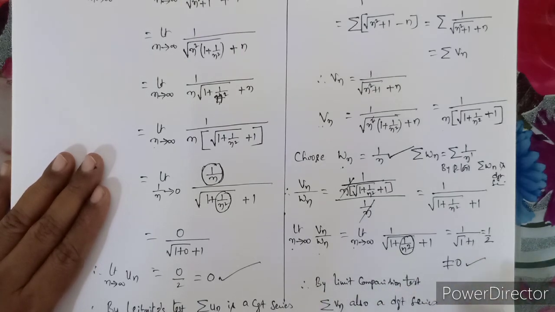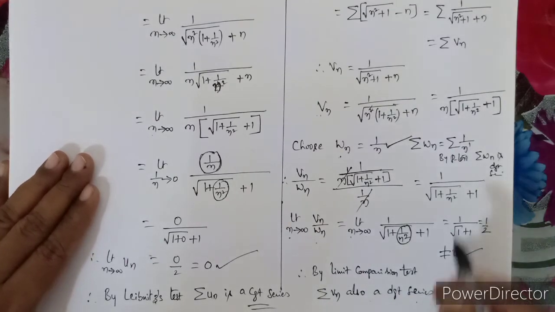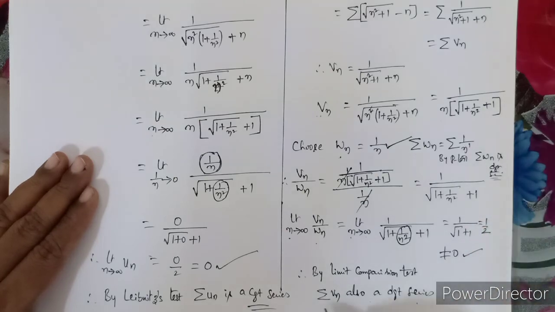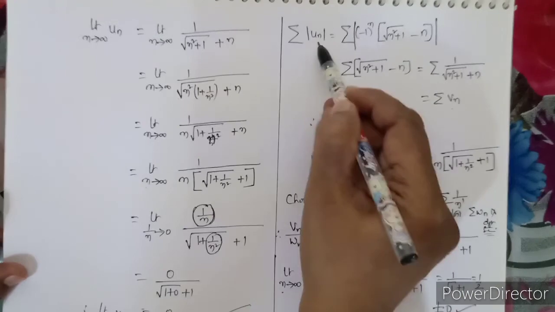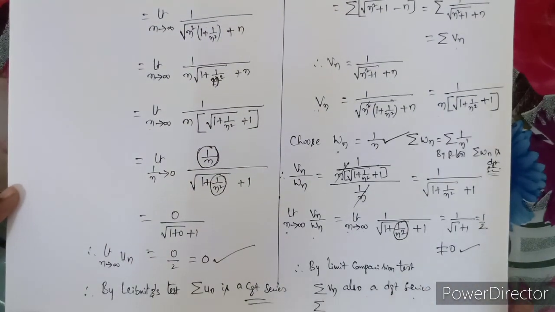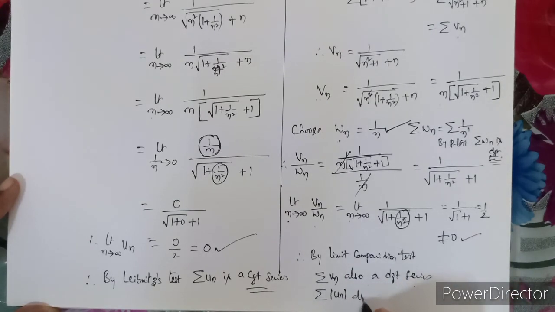Sigma V_n is nothing but sigma mod u_n. Therefore, sigma mod u_n also diverges.